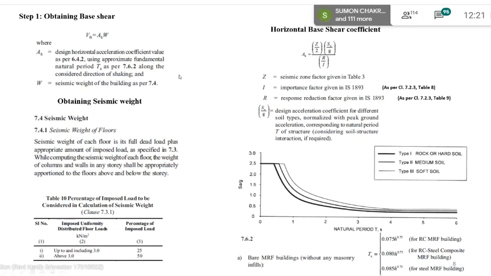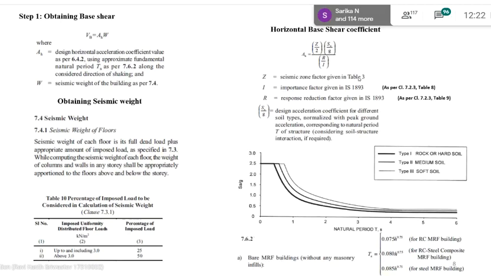There is one more factor called R. R is the response reduction factor. This is a very important factor. Whenever you design a building, earthquake forces can be very high, and you may not be able to design your building economically.